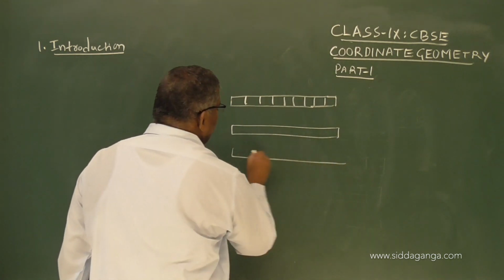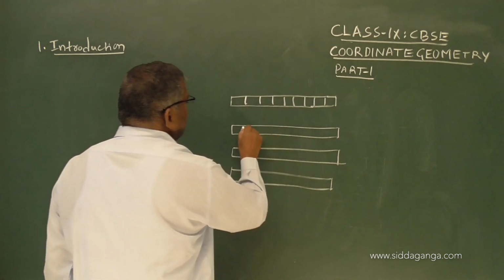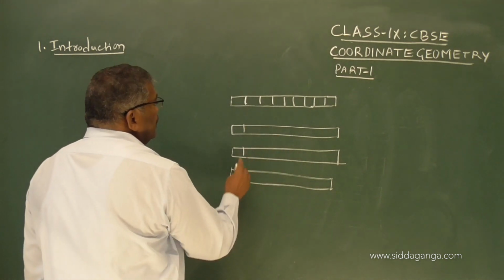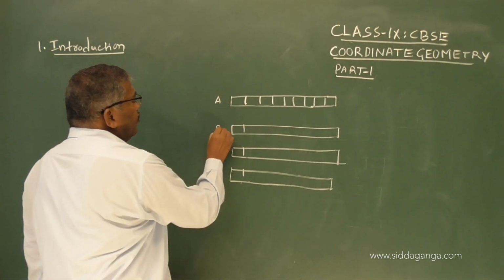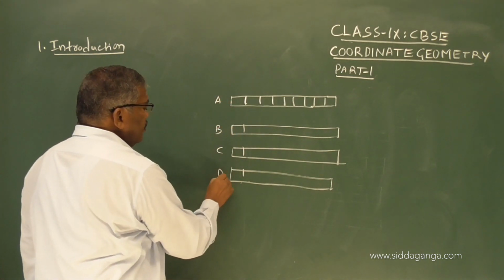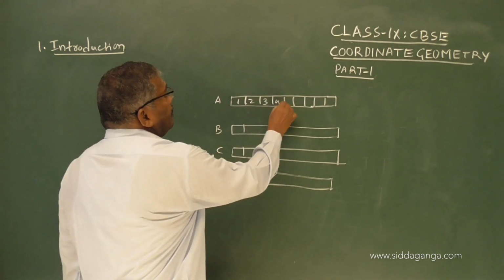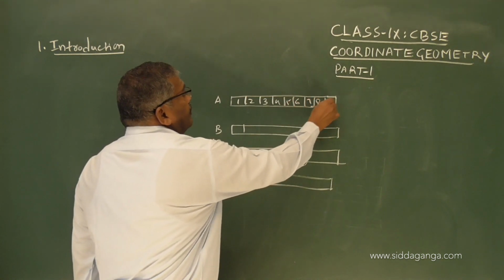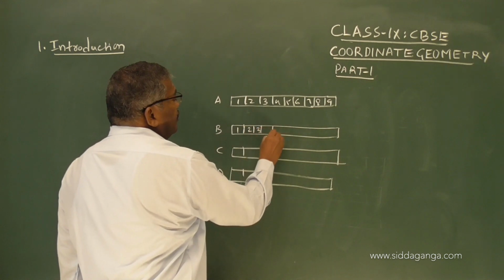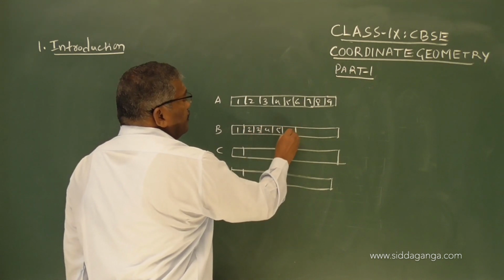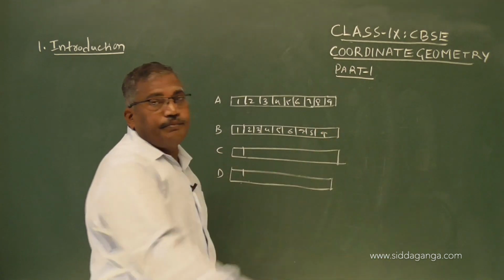So now these rows will be numbered as A row, B row, C row, D row, and so on. And the numbers are 1, 2, 3, 4, 5, 6, 7, 8, 9, and so on. Again here 1, 2, 3, 4, 5, 6, 7, 8, 9, and so on.